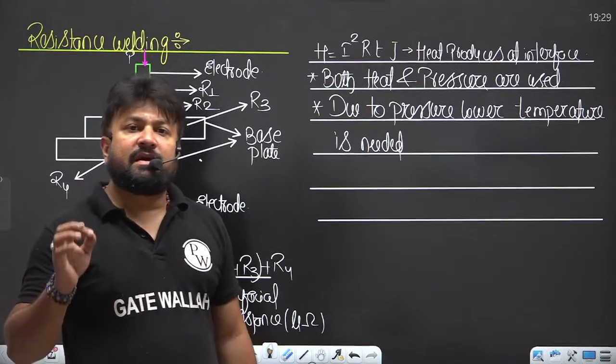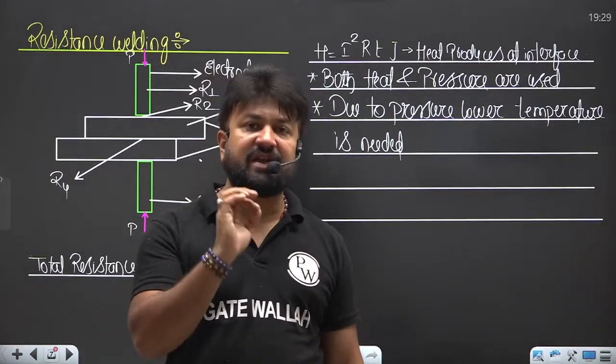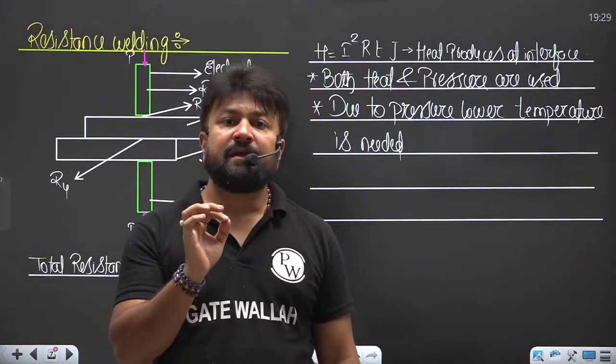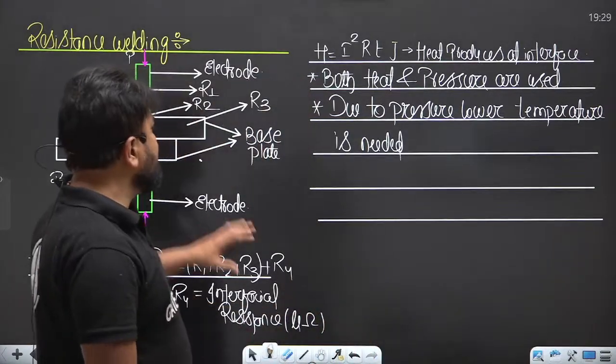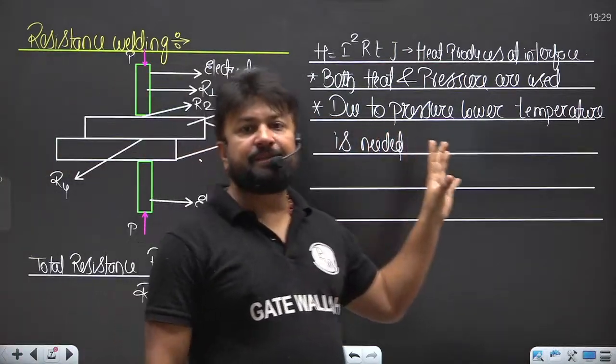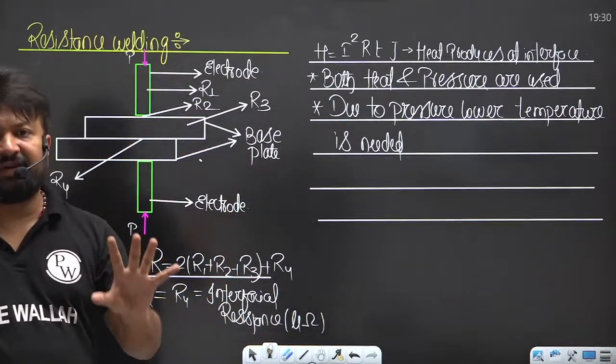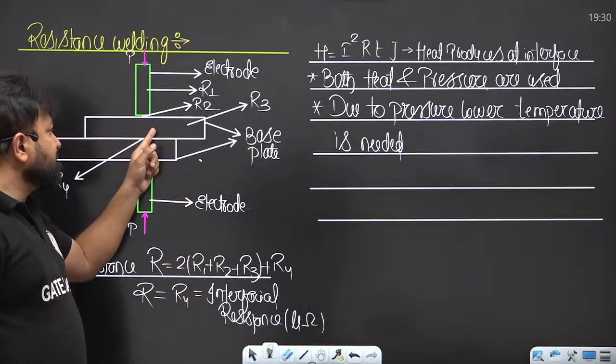My dear, it is officially classified as a liquid state welding. It is not a solid state welding. Here the process is very fast, very rapid, so it's economical and extremely well suited to automatic manufacturing. Here you can see that the plates are overlapped.